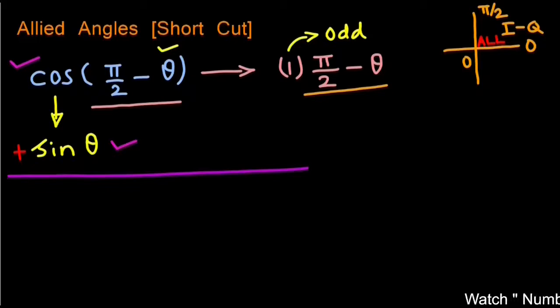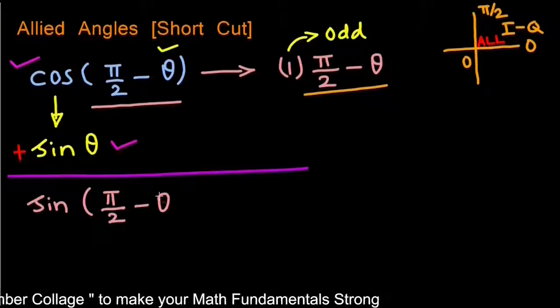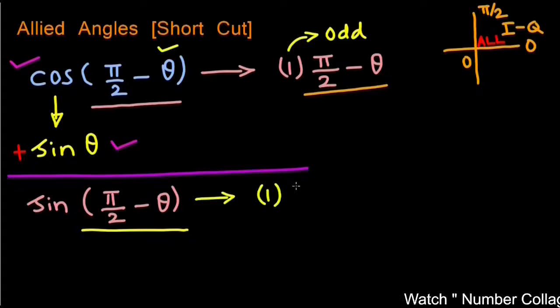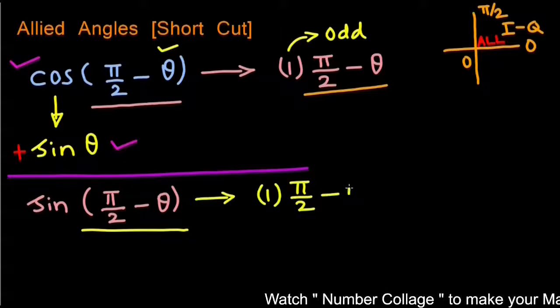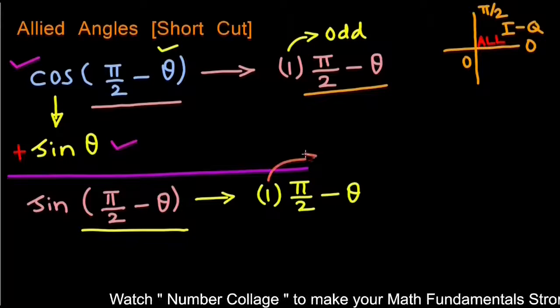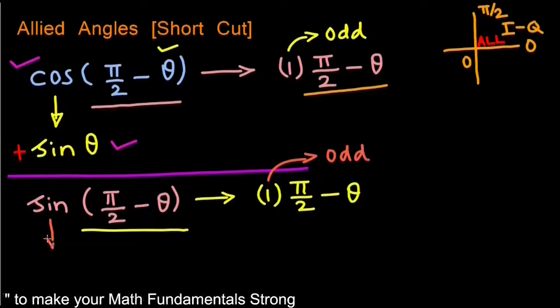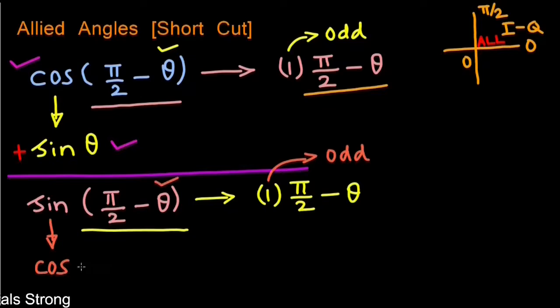Next, we will find sine of pi by 2 minus theta. Here again, the angle pi by 2 minus theta is in the form 1 times pi by 2 minus theta, where this 1 is an odd integer. So therefore, we write this as cos of theta.